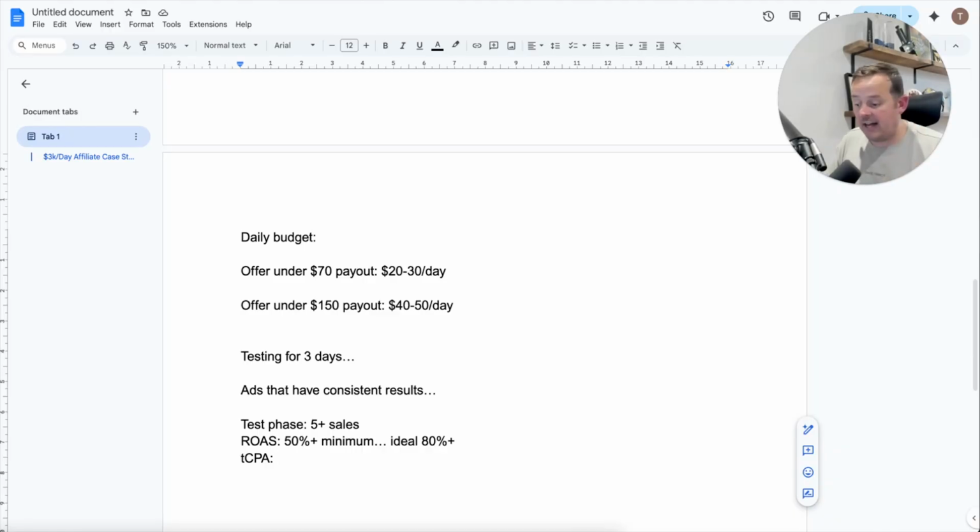But at the start, if we're going to have a $100 payout, maybe our target CPA is $60, right? Again, there's no written rule here. I'm factoring in, $60 would be the max I'm willing to pay. But obviously, if something catches my eye, that's $40, and that's even better, right?